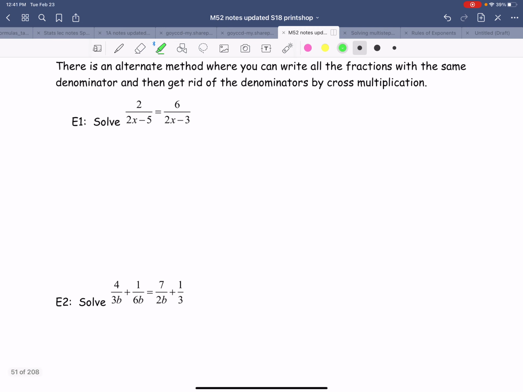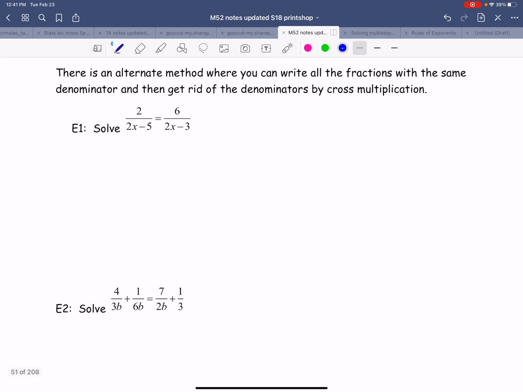Example number 1, solve 2 over 2x minus 5 equal to 6 over 2x minus 3. So my first goal is to determine the LCD and then multiply both sides with that LCD. LCD in this case will be 2x minus 5 times 2x minus 3. We did a lot of examples of LCD when we were adding or subtracting rational expressions.